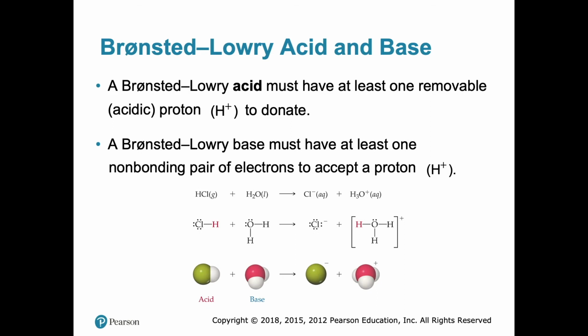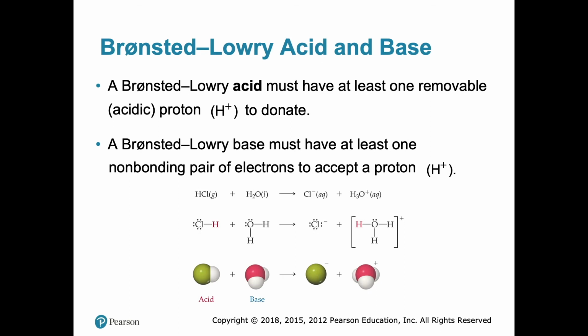That's the rule of charge conservation. It's neutral over here, and it's also neutral over here because one's negative, one's positive. And just so everybody's clear, it's the hydronium ion that makes something acidic.